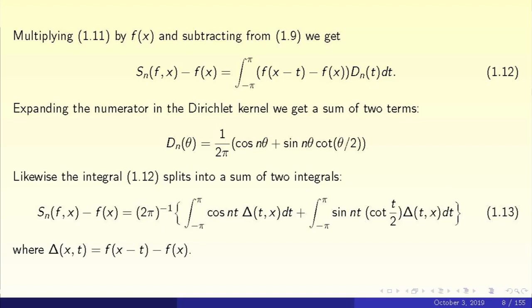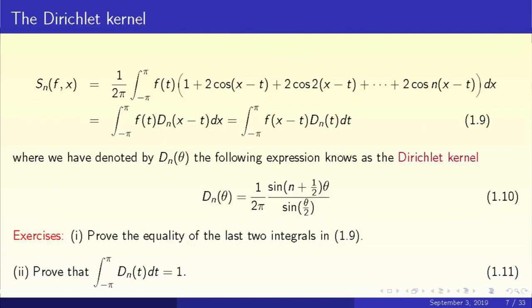The idea is to now allow the n to go to infinity and examine whether the integral appearing in 1.12 goes to 0. This is a bit tricky and we must be patient and go slow with this. So let us examine the integrand in 1.12. You see the dn t. What is dn t? dn t is the expression that was given earlier, 1.10, right? So sine of (n plus half) theta.